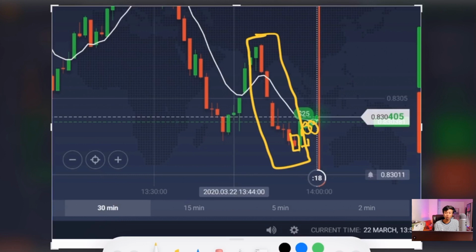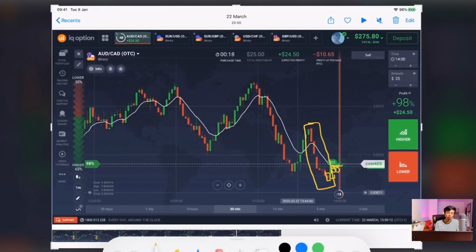Then it comes across the moving average line, and mostly when it breaks the moving average line, it means it breaks our support line. It's not 100%, but I say it is 80-90% that it will continue in the next candle or the next couple of candles. It will find its way to go up higher, just like this one. You see that it's finding its way to go up higher.